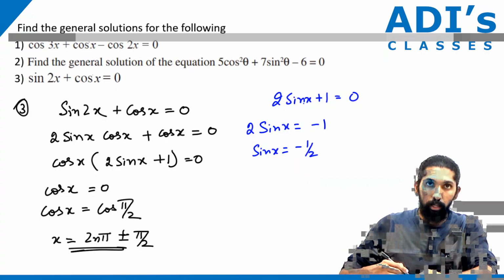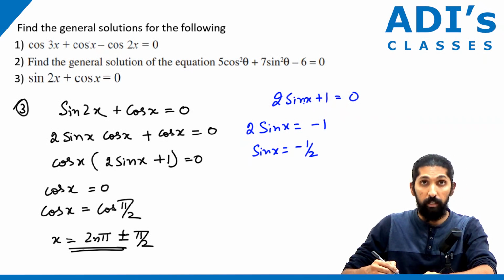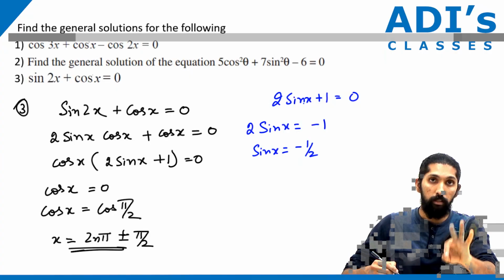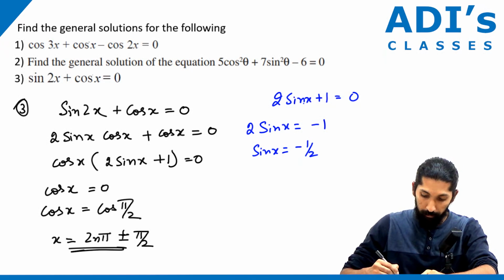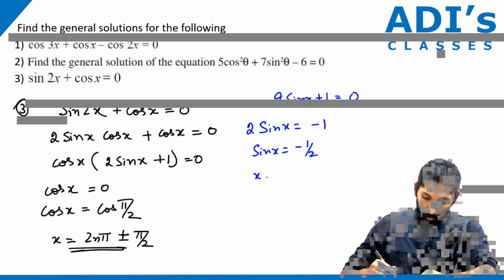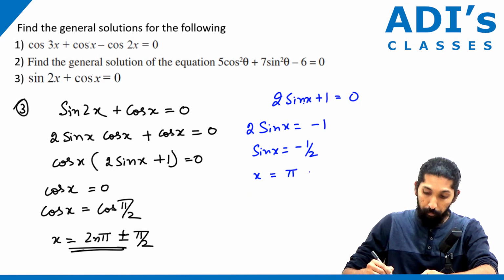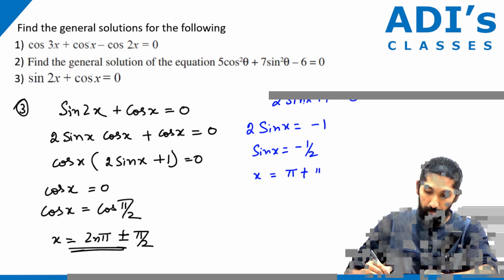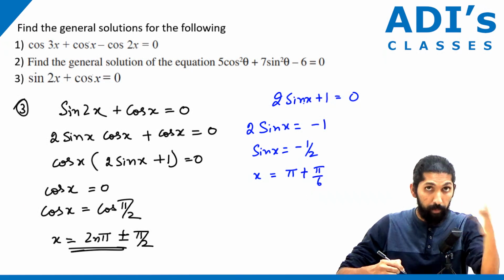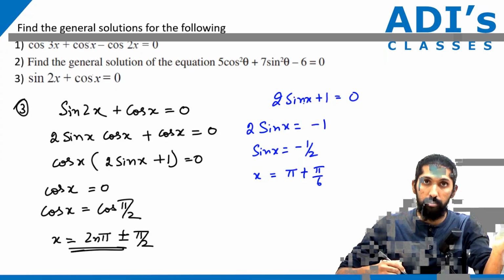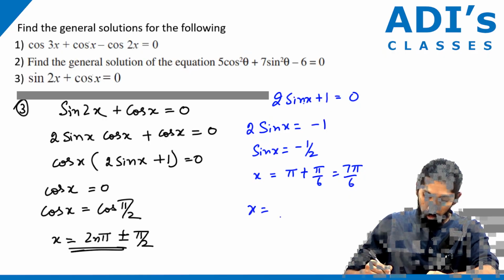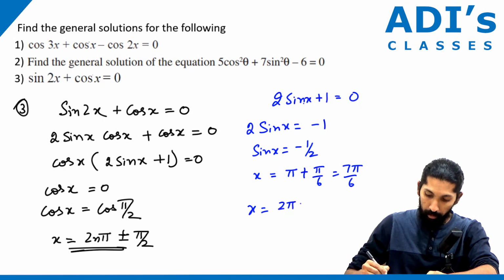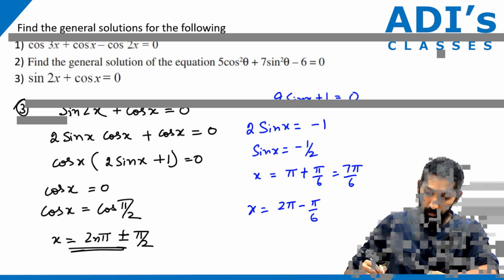Now, the principal values for this one, now sin is negative in the third and the fourth quadrant, correct? So, this is going to become x is equal to, now pi plus pi by 6, pi plus 180 plus. This is going to become 7 pi by 6, or x is equal to 2 pi minus pi by 6.